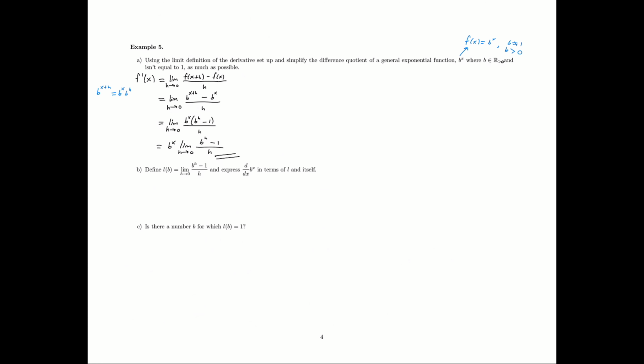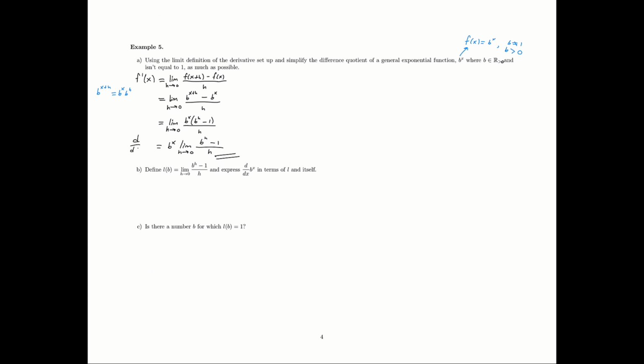Okay, this limit will effectively vary the value of h, but this b here could change potentially, right? Depends if we change what our exponential function is. So if we make this definition here, then we can go ahead and write the derivative of our function.